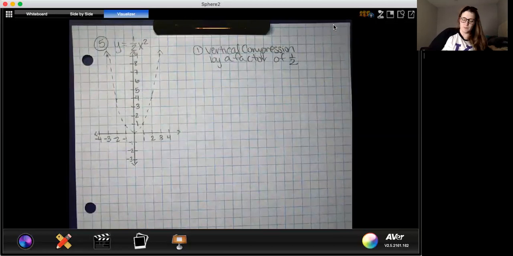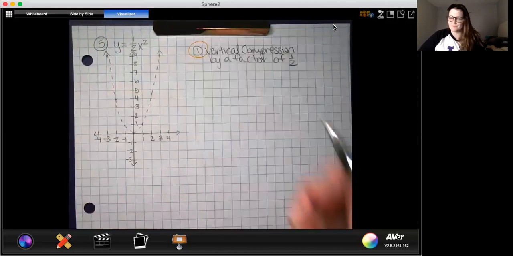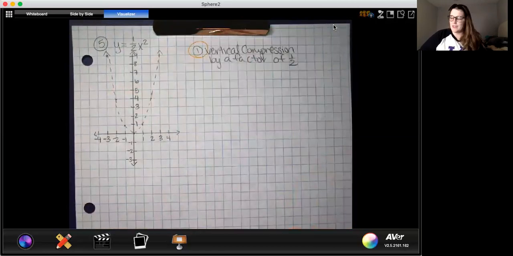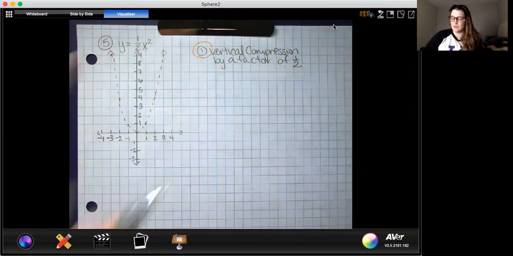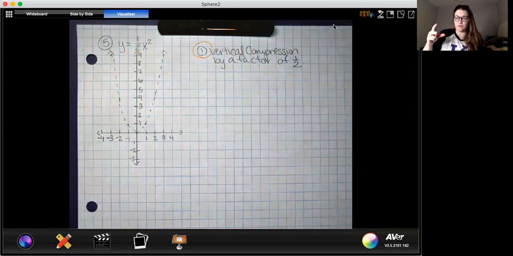And so we are going to be working with orange. Now, to compress something by a half means that everything that you have is going to get smaller, right? It's going to be half the size.